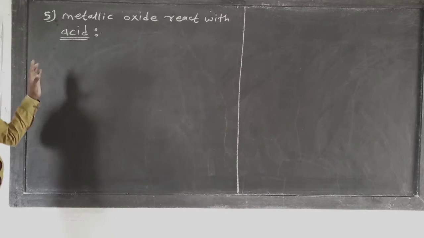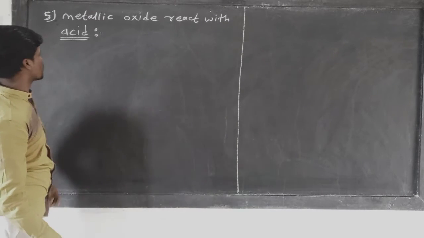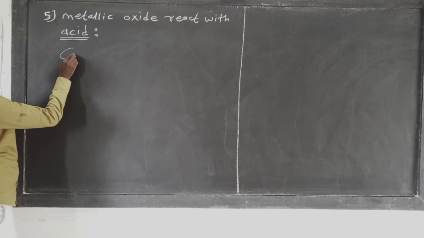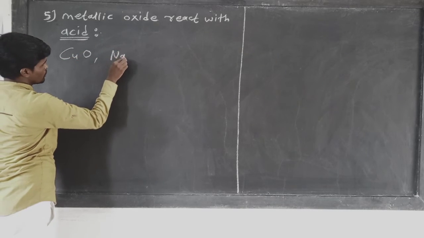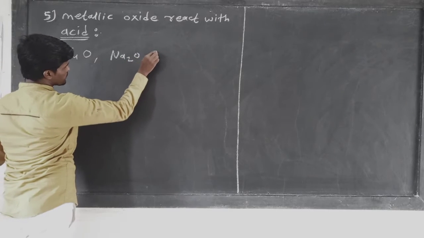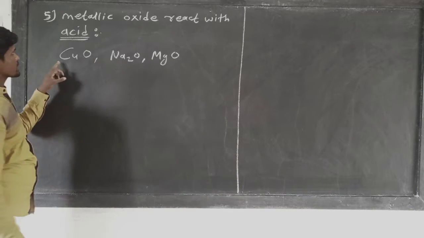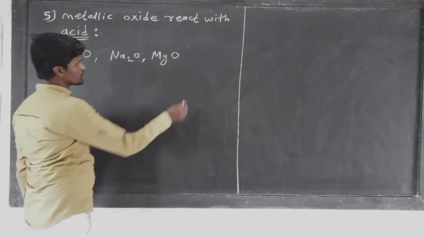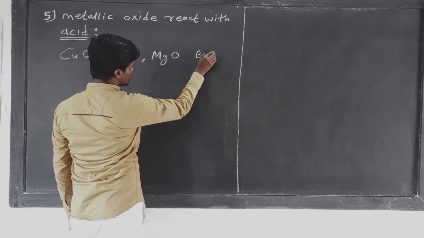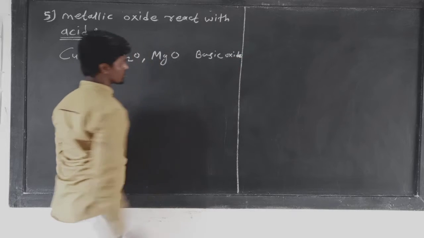Metallic oxide means metal joined with oxygen, and this is called a metallic oxide. For example, copper oxide, sodium oxide, magnesium oxide, these are examples of metallic oxide, and metallic oxide is also called basic oxide.